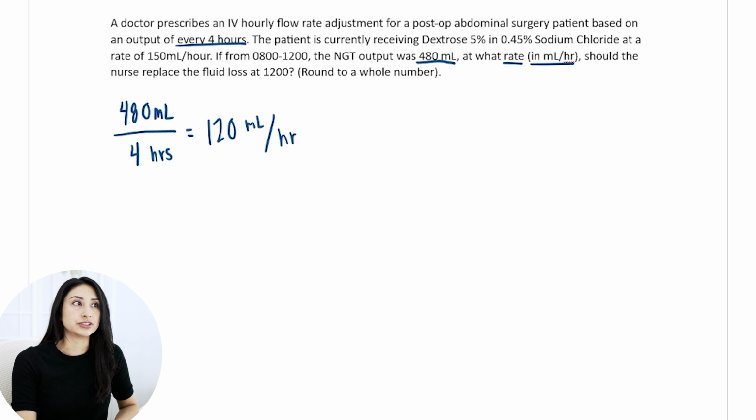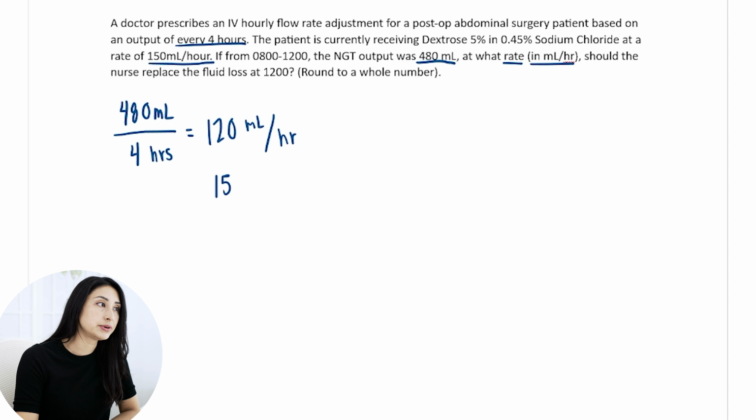But this isn't my answer. All of this is telling me is how much I need to replace for this patient every hour. So every hour I need to give 120 milliliters so that I can make up for those 480 milliliters that they lost. So my final answer is actually going to be the addition of these 120 milliliters to the initial rate that my patient was getting, and their initial rate was 150 milliliters.